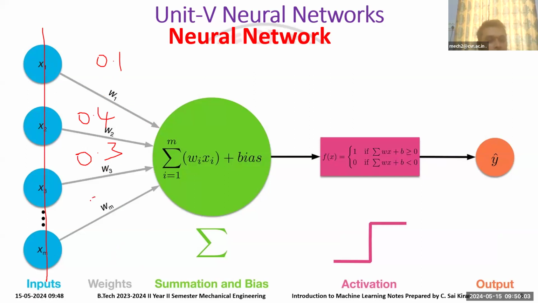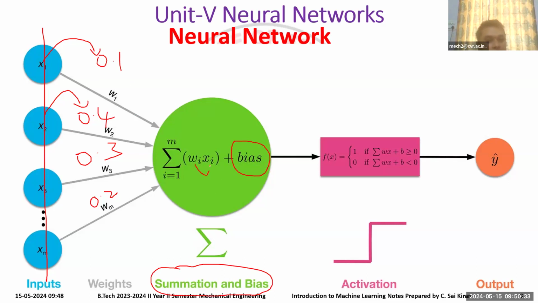We multiply x1 with w1, x2 with w2, and so on. Here we make the summation, and we add a bias. Bias is nothing but an error or any extra term that gets added. If I make a round-off value, you will get some error, so you will have some bias values.